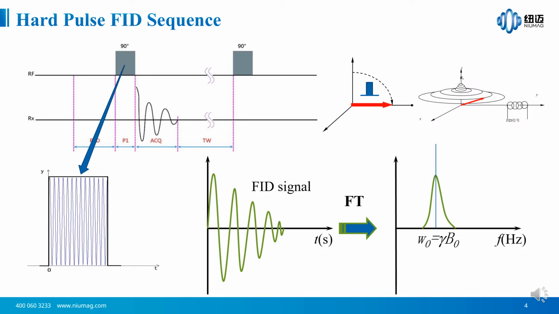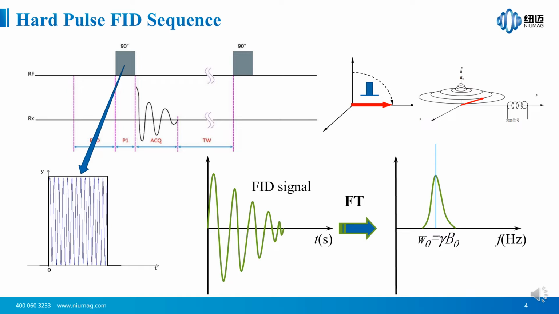During the recovery, the magnetization vector causes a change in the magnetic flux in the probe, resulting in an induced current or induced electromotive force. The probe can receive an MRI signal.